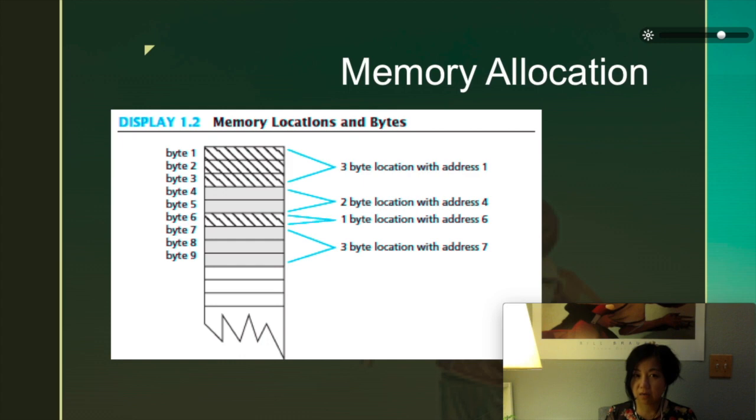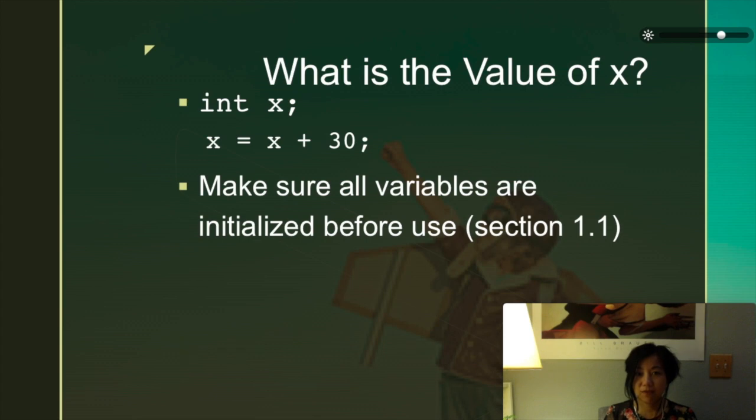If we haven't done the assignment, the value of that particular variable depends on what was already in the memory previously. I also want to talk about this because we had this question in the quiz.